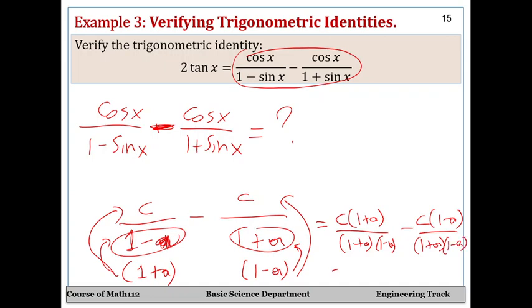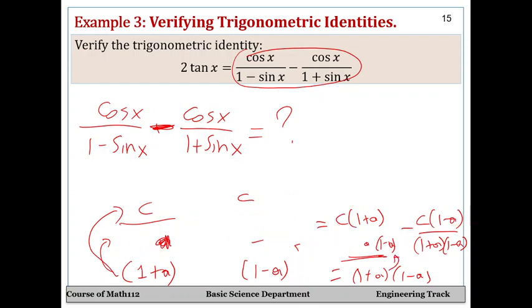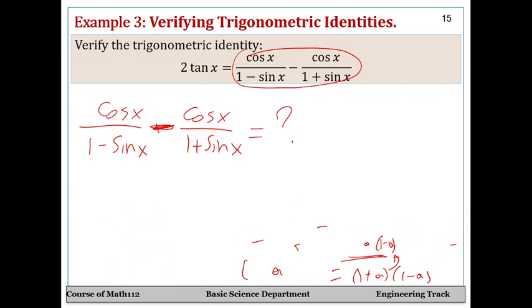In the denominator you will get 1 plus a, 1 minus a. Now we will follow the same steps. I will not go further, I just wanted to show you the method here.